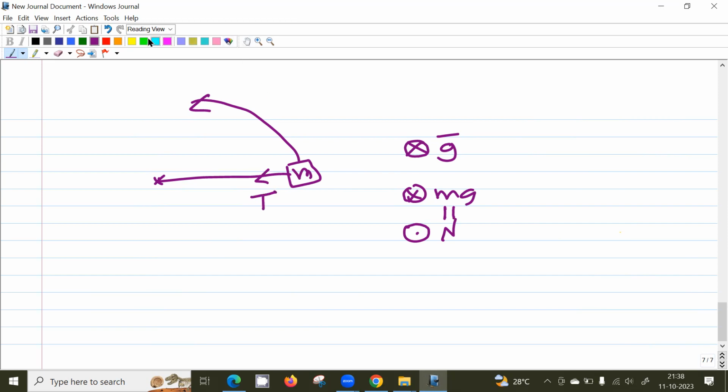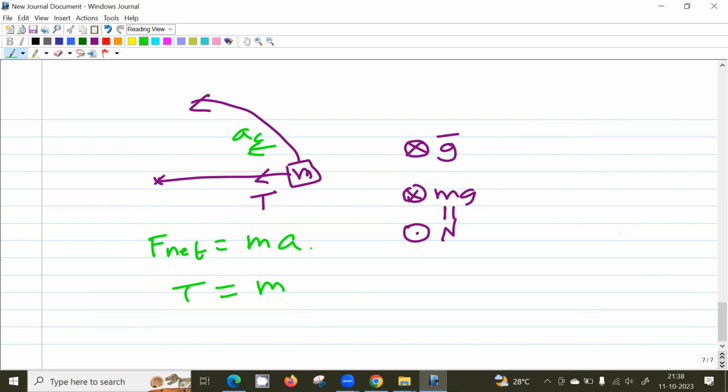So this is the only force acting on this block, and there's an acceleration towards the center because there's a centripetal acceleration, a_c. So if I write Newton's laws of motion, net force equals mass into acceleration. The net force is the inward force, that is the tension.